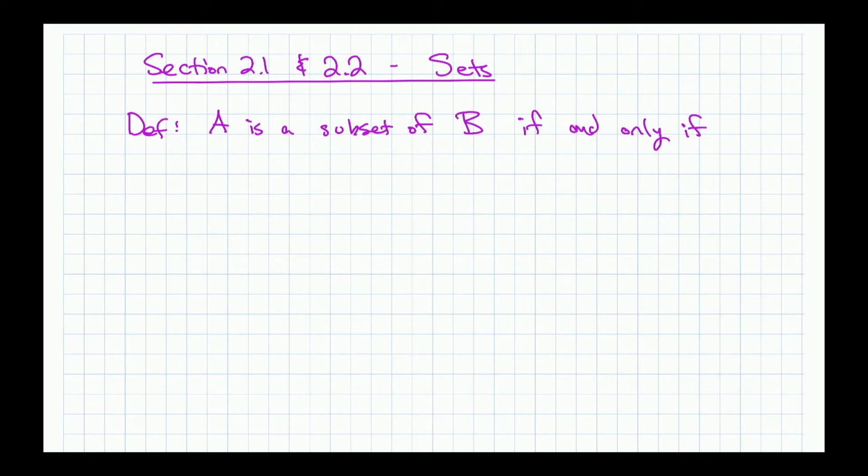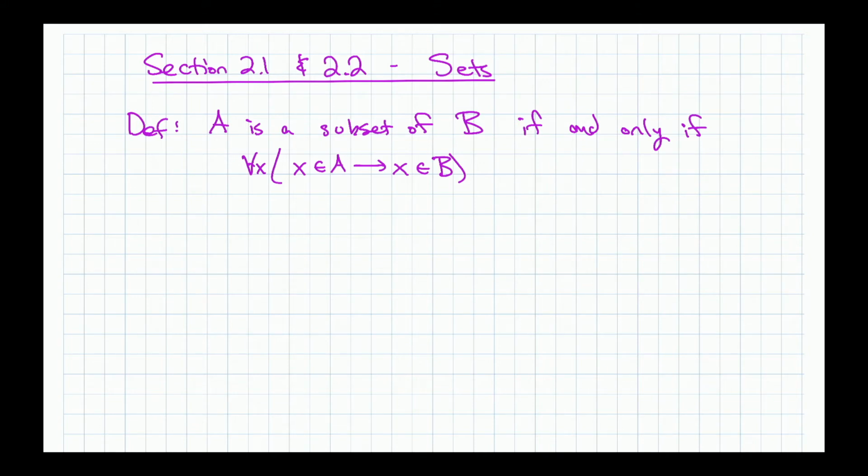So A is a subset of B if and only if for all X, if X is in A, then X is in B. So hopefully that is the definition. That's the definition of subsets.